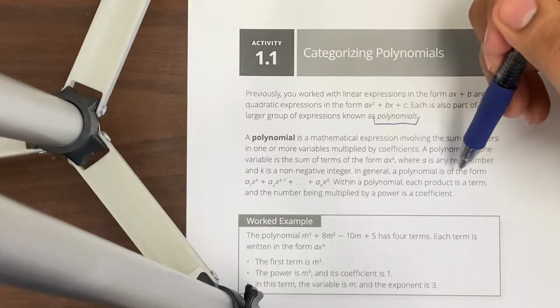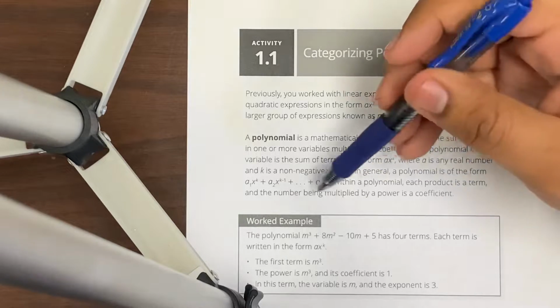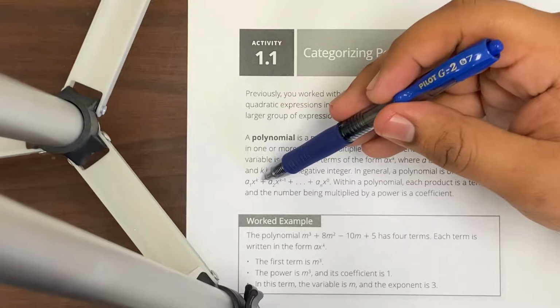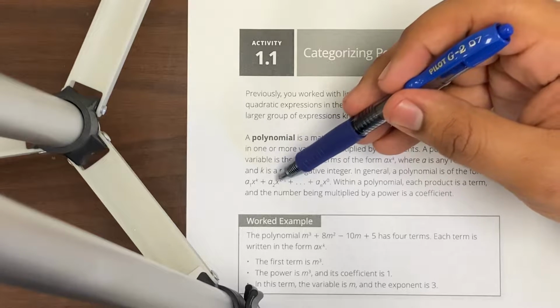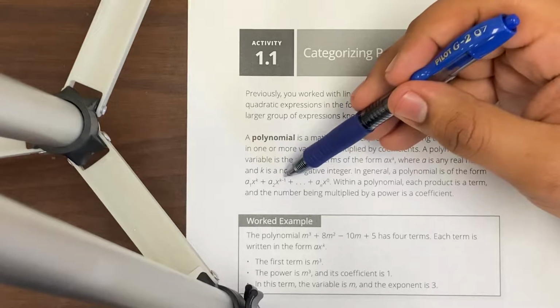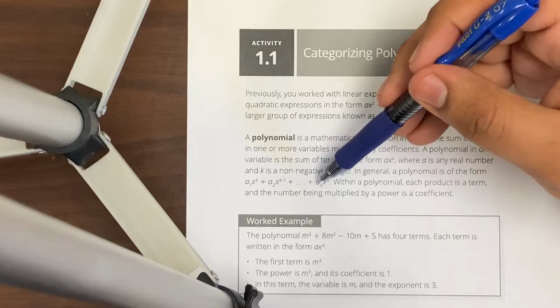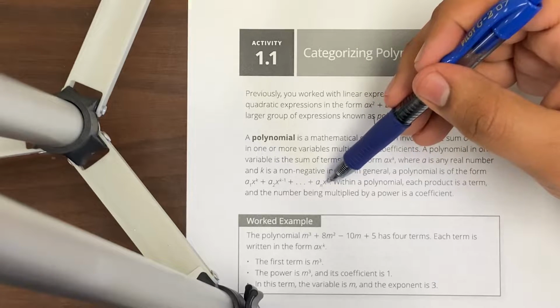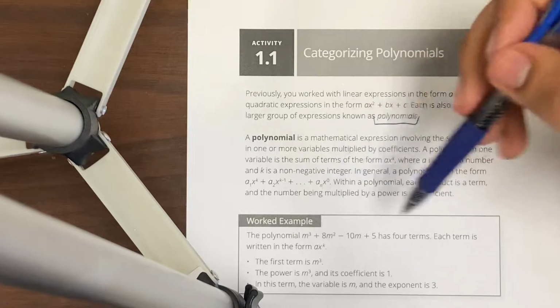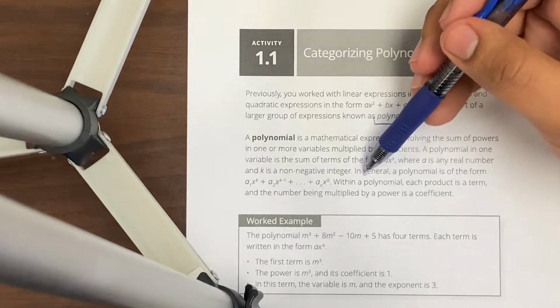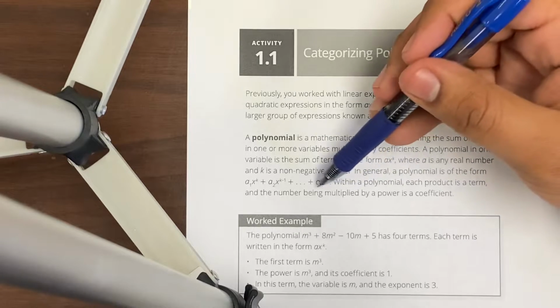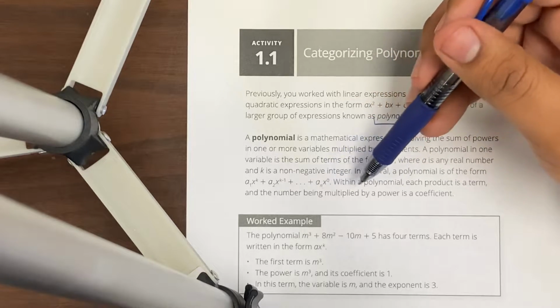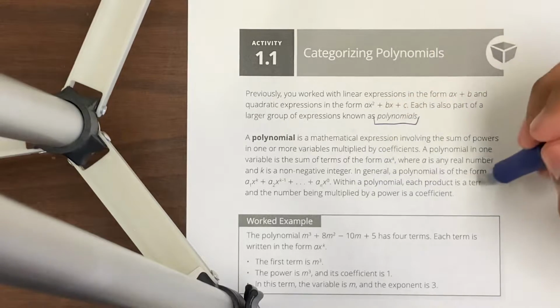In general, a polynomial is of the form a sub n x to the power of k, a sub n minus 1 x to the power of k minus 1, plus a sub 0 with x to the power of 0. Within a polynomial, each product is a term, and the number being multiplied by a power is a coefficient.